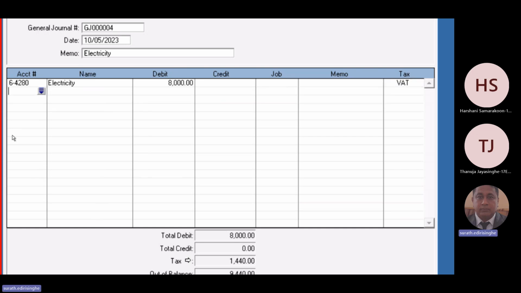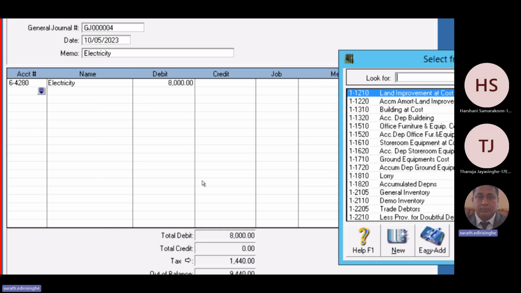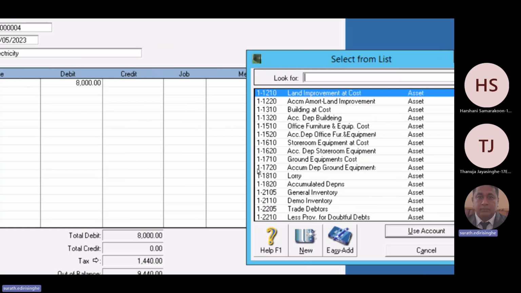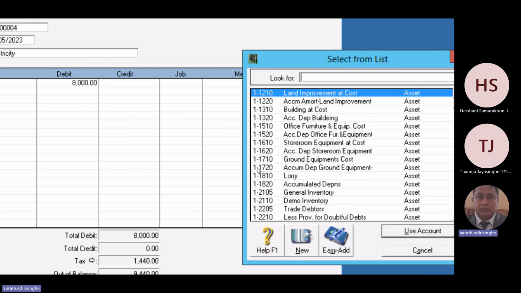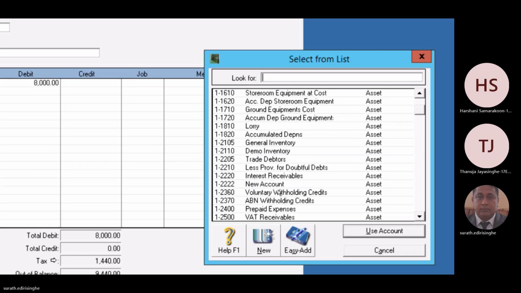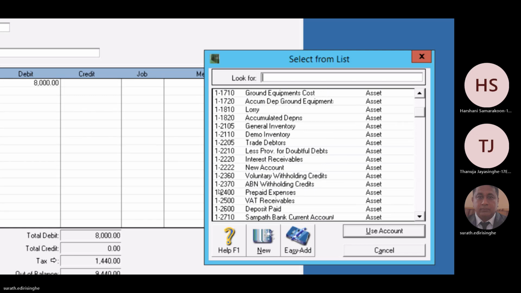Next. Now this amount is in my prepayment, no? Now I set off my prepayment. Not deposit. Deposit is different. Electricity deposit is different. Now credited to my prepayment account, Prepaid expenses, 8,000.